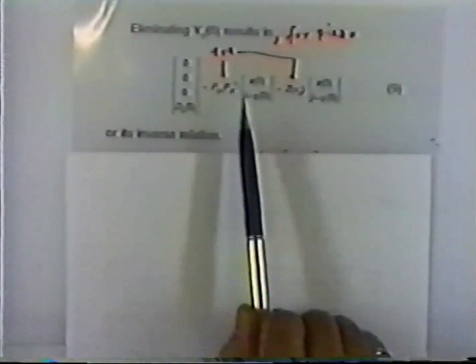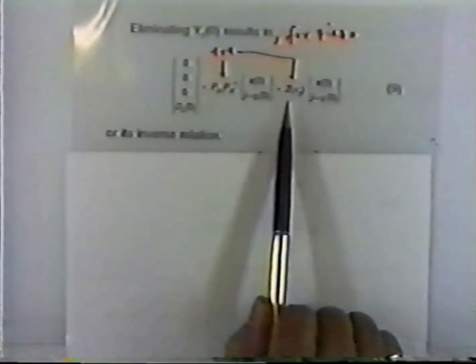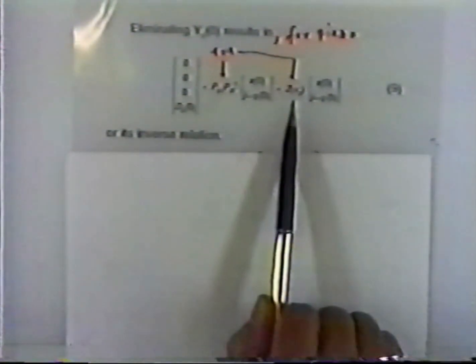Now, just for convenience, I've called this a Z. It's in the nature of an impedance because it relates primarily stresses to velocities, but that's not important.